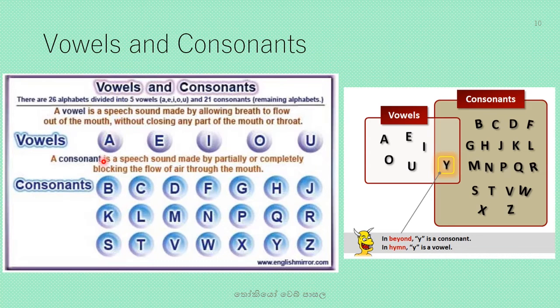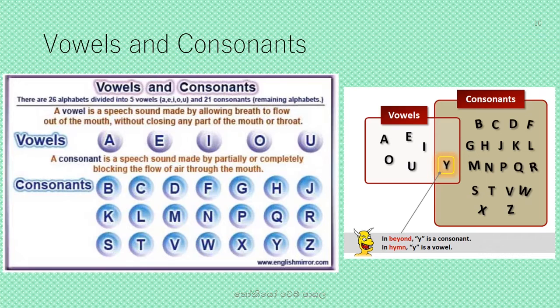We know there are 5 vowels in the English alphabet: A, E, I, O, U. Vowels are letters which we pronounce without blocking our mouth.